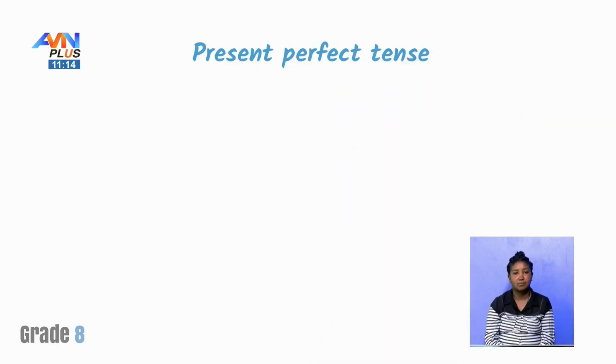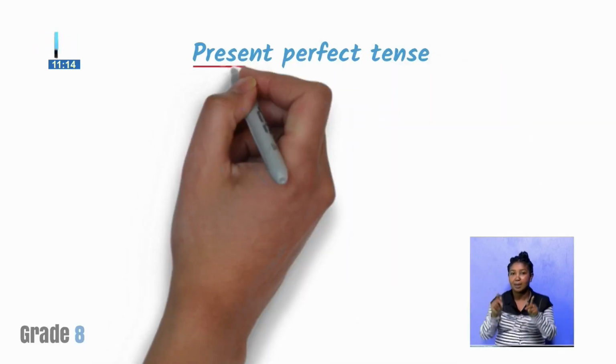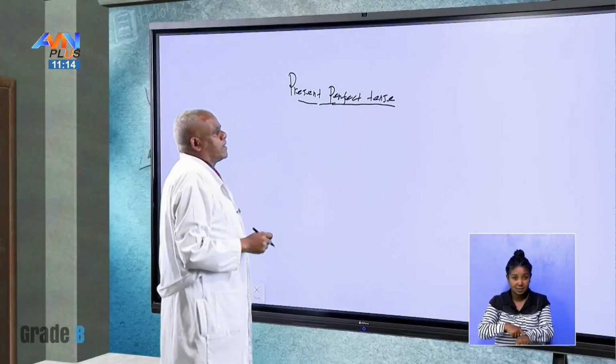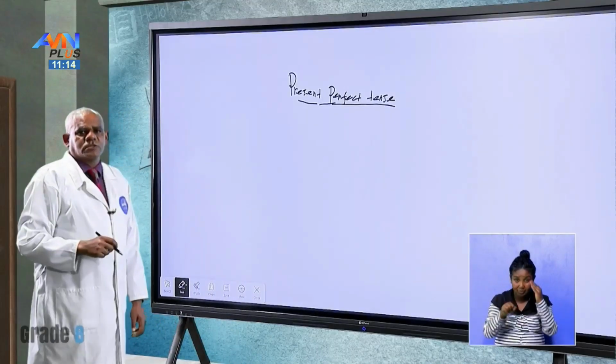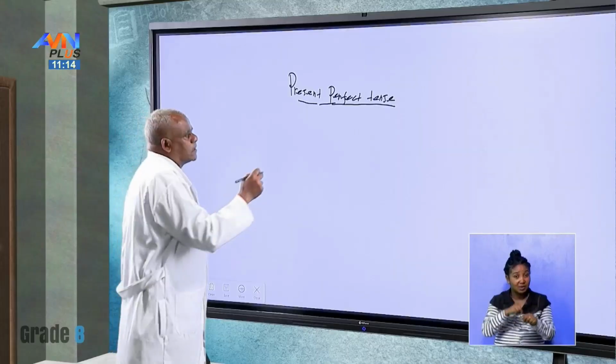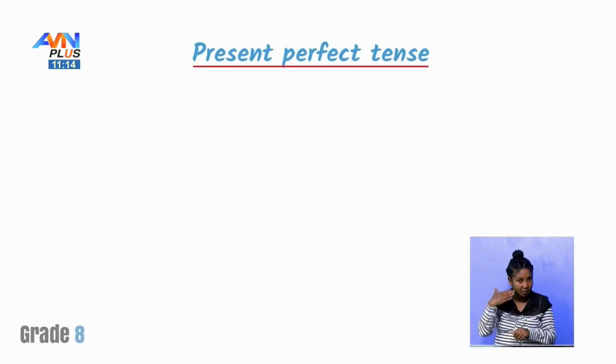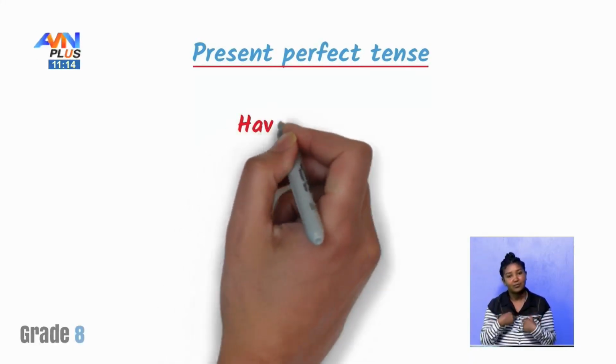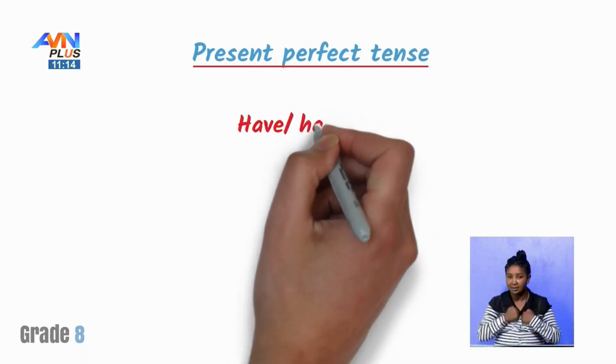Get sentences. Present perfect tense. Everybody knows the form, what it looks like. While you are making present perfect tense sentences, don't forget have or has, plus the verb's third form.